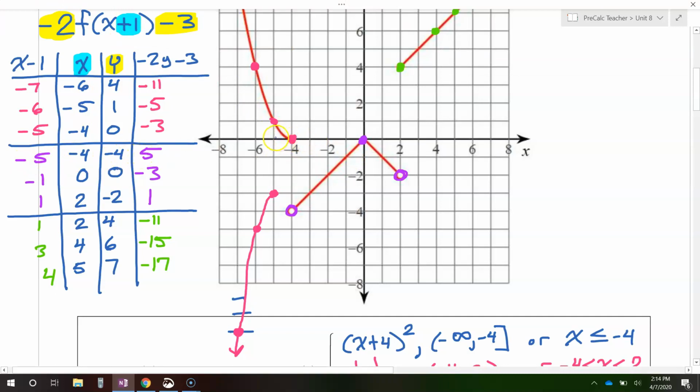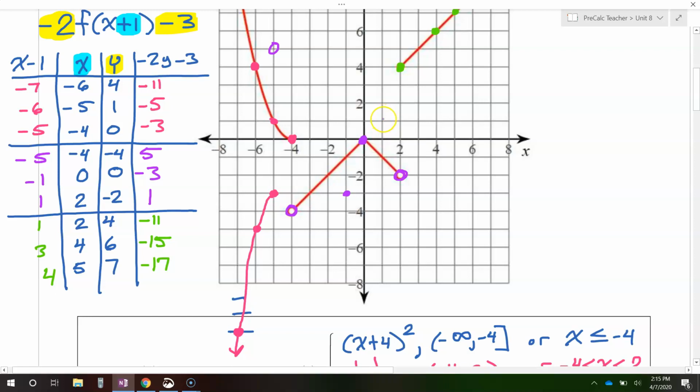-5, 5 would be right here. Remember, this is an open circle, so I'm going to do the same. Okay, now the next point is going to be -1, -3. So -1, -3 is right here, and that's this corner piece. And then finally, 1, 1, which is the new open circle.